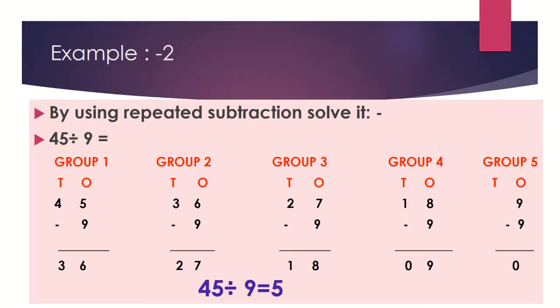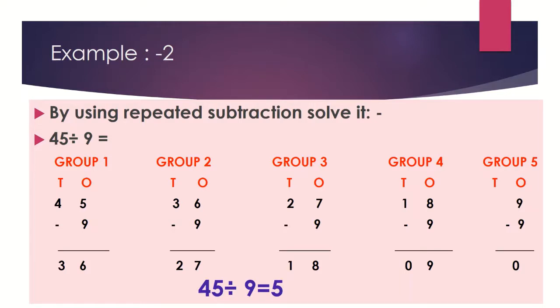Now, let's solve one more example. That is 45 divided by 9. First, we will subtract 45 minus 9. We get 36. Now again we subtract 36 minus 9. We get 27. Then again we subtract 27 minus 9, we get 18.